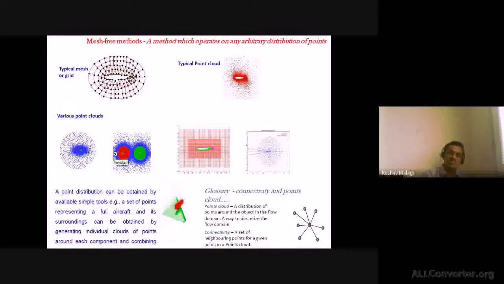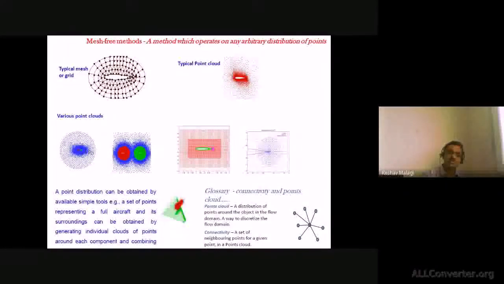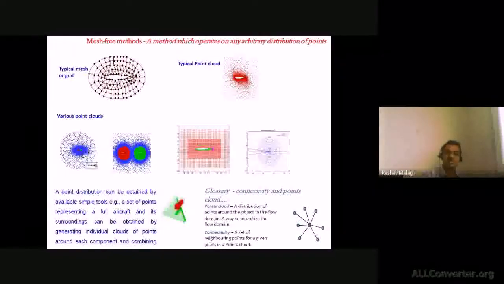I'll demonstrate this with a problem where there are two airfoils in the domain. Suppose this red and green are two airfoils. If you have to generate a grid, you have to generate a grid around two airfoils and the domain, considering all of that at once, either unstructured or structured, multi-block structured.